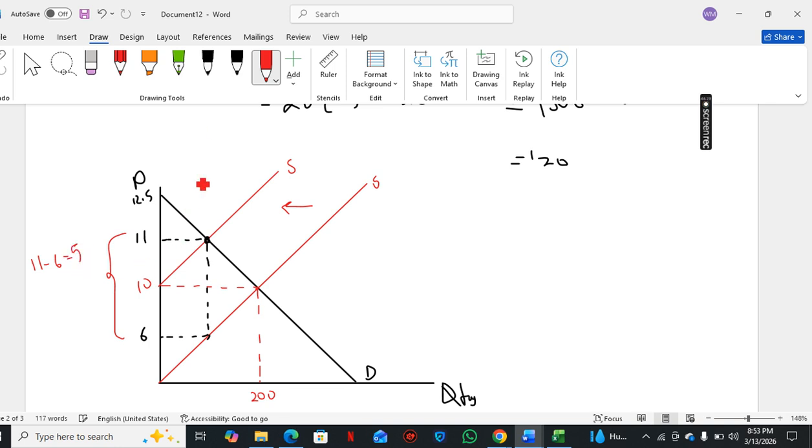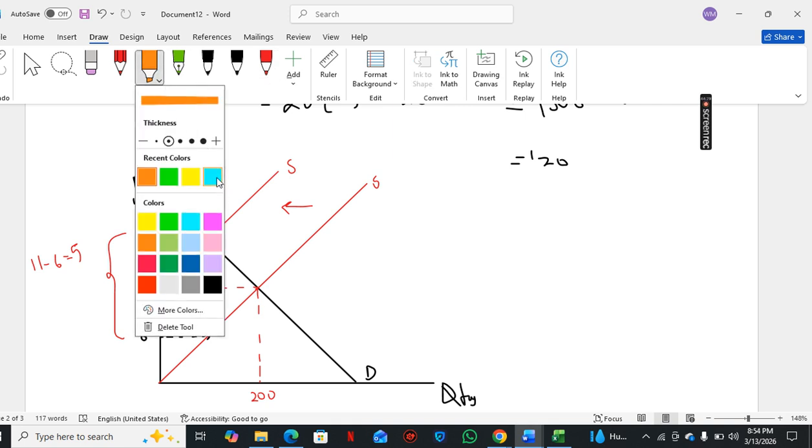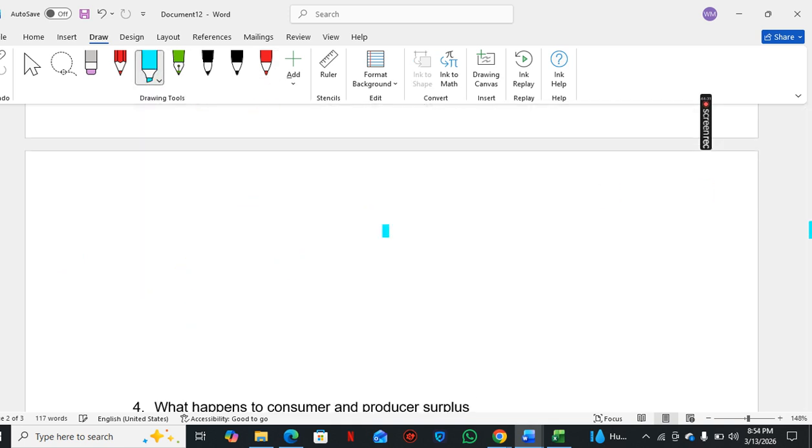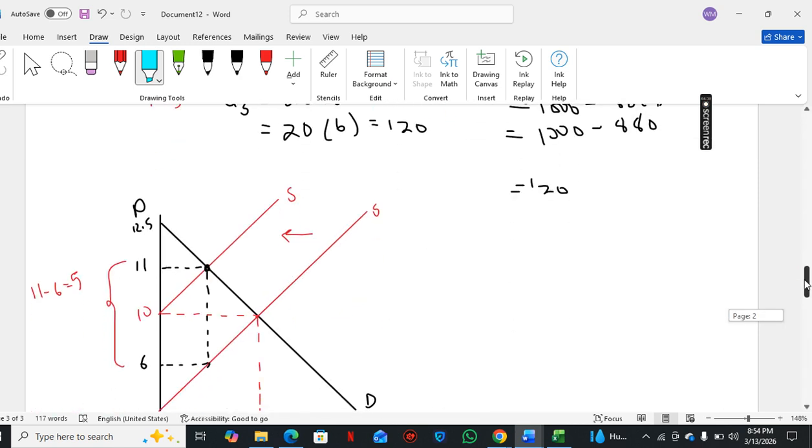Let me shade this box here. This box I'm putting in blue. This represents the tax here.